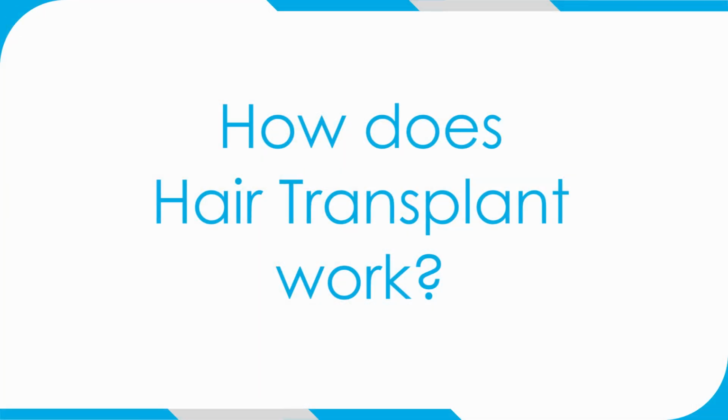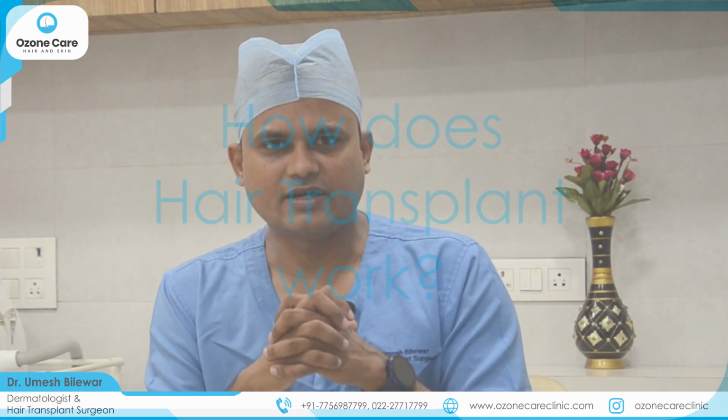This is an interesting question, how does a hair transplant work? As I already mentioned, hair transplant works by the principle of donor dominance, meaning the hair roots which are present in a donor area, or you can say occipital area of our scalp, are dominant.